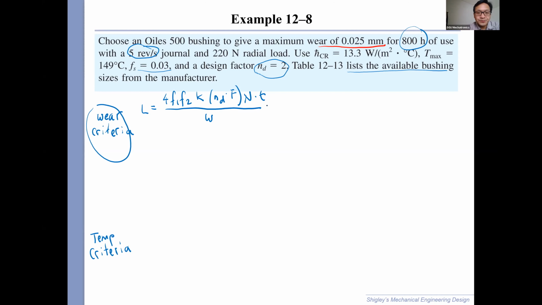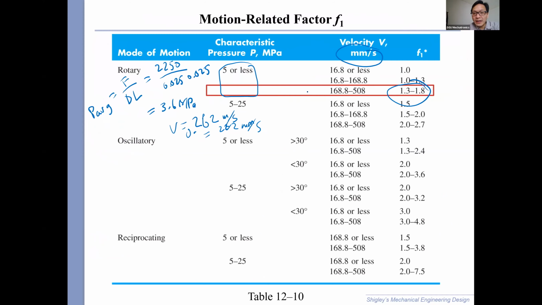Okay, so the problem we ran into now: how do I select my F1 and F2? Because I do not have my pressure and velocity yet, right? Remember, we selected F1 and F2 based on the characteristic pressure and the velocity. Well, we don't have that yet. You cannot calculate pressure without the dimensions.